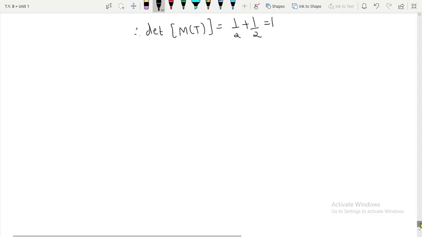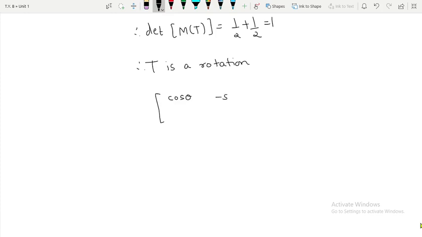So you are going to compare it with the matrix of rotation. My matrix of rotation is cos theta, minus sin theta, sin theta and cos theta, and you are going to compare it with the matrix we got: 1 upon root 2, minus 1 upon root 2, 1 upon root 2 and 1 upon root 2.